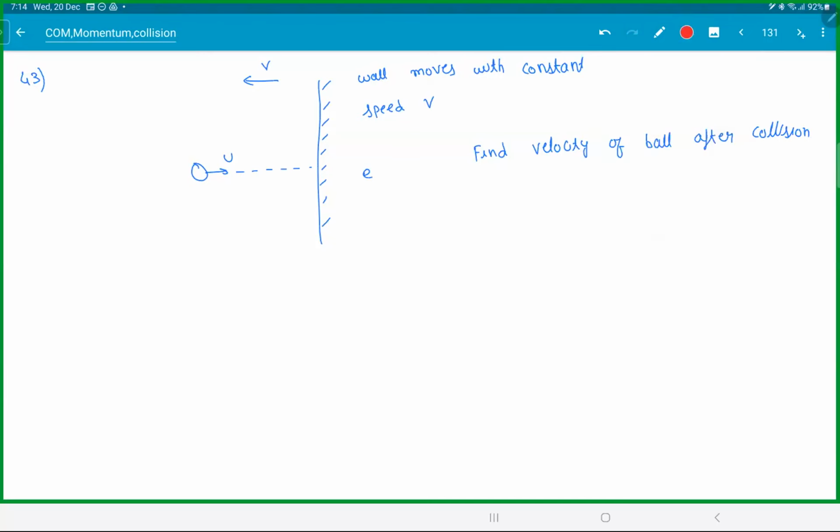Now, keep this one thing in mind in these kinds of questions. During a collision, the velocity should definitely change. No matter how big the body is, velocity at least will change a small amount. But here you're saying the wall's velocity is constant.